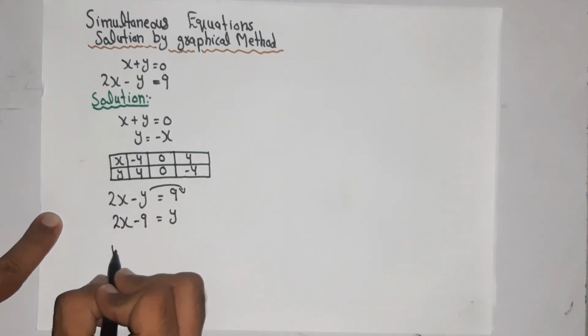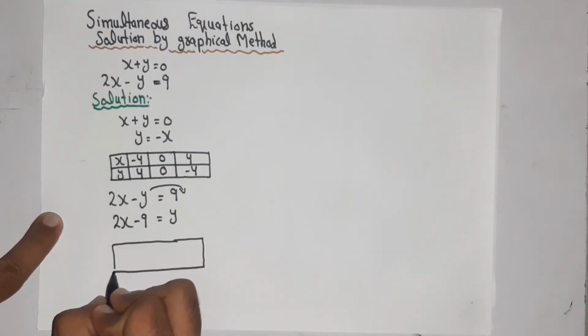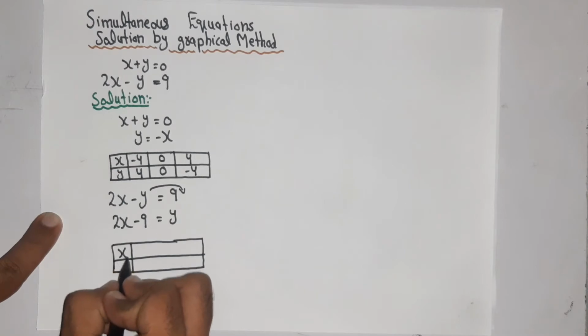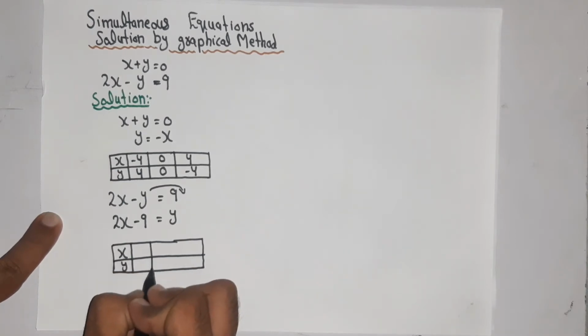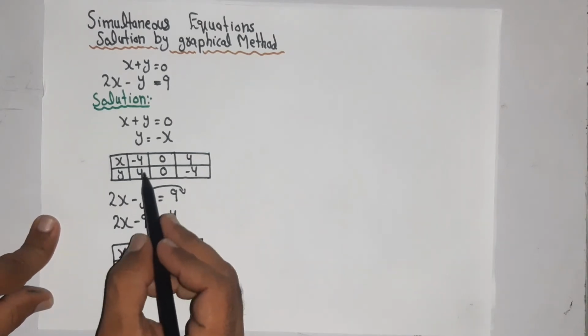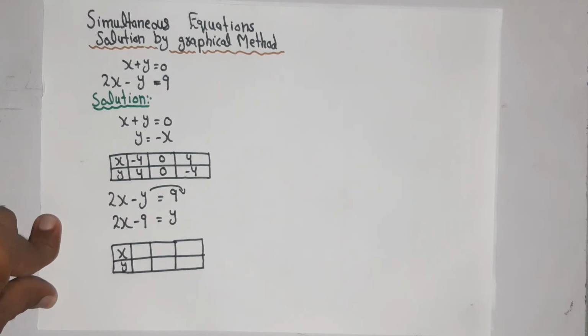So now we will draw the table for this equation to find the coordinates. Here we have x, y. Here I consider the positive values of x, but I will not consider the negative values here. The reason is that I will explain.